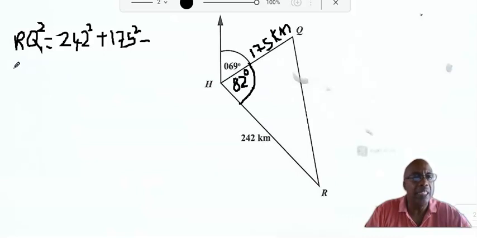So minus, let's continue on the next line, minus 2 times 242 times 175, and times the cosine of the angle, which is 82 degrees.